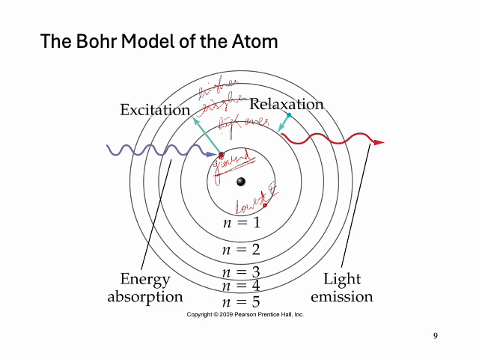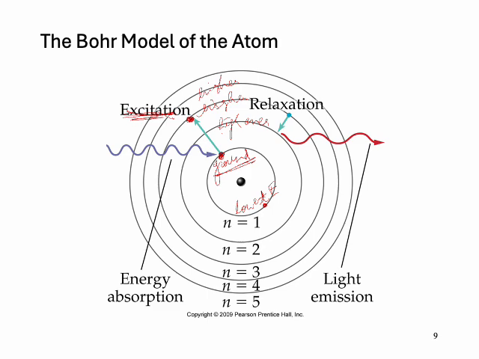It would absorb this energy and have excess energy, get excited, and jump out of its original energy level to a different energy level. When the electron is outside of its own energy level, it is called an excited electron, or the electron is said to be in an excited state.